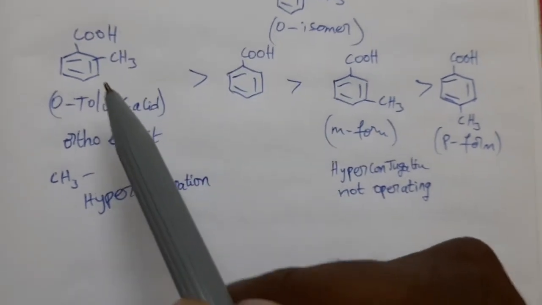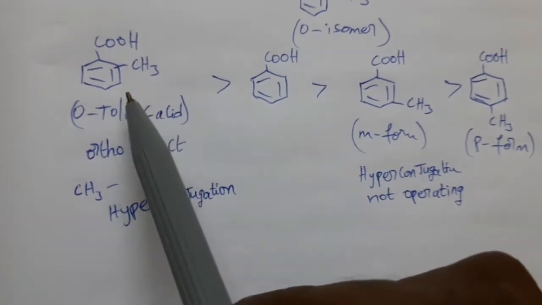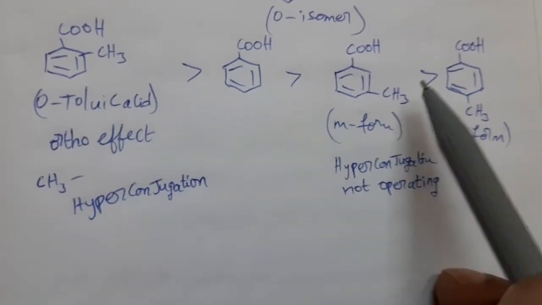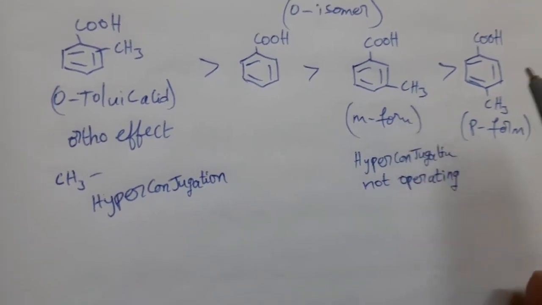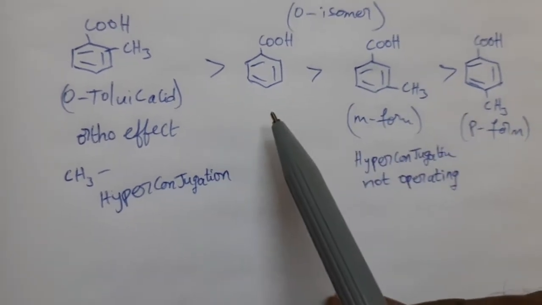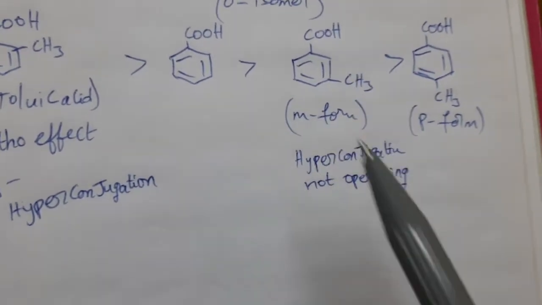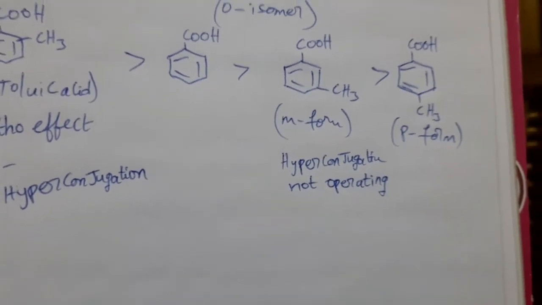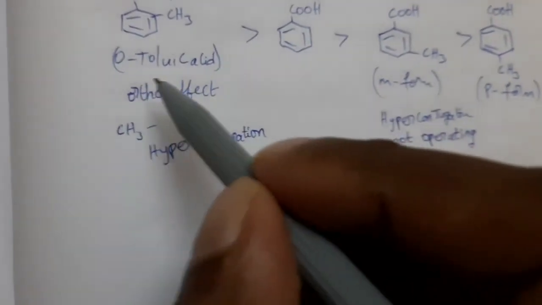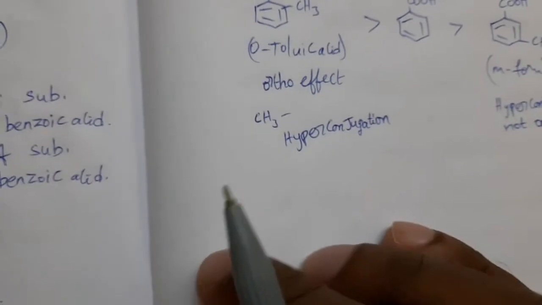Due to ortho effect and hyperconjugation effect, the ortho form has more acidic character, and the meta and para forms have an electron donating group, so their acidic strength is less than benzoic acid. In these two forms, meta form does not have hyperconjugation, so its acidic strength is more than para form. So this is the order for acidic strength of toluic acid. Next, see the next one.